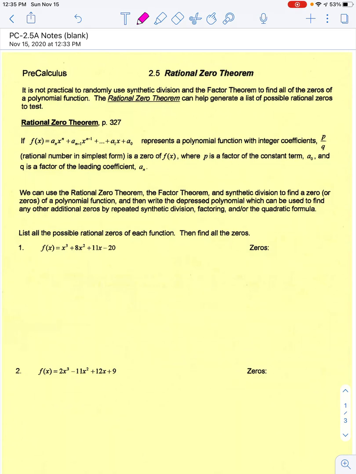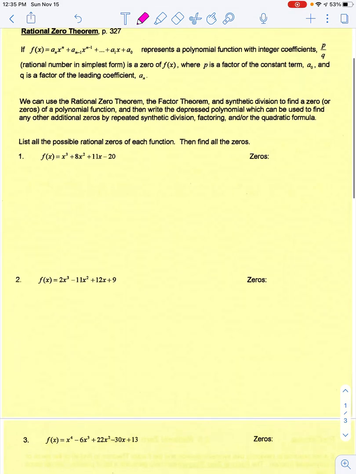So I'm going to jump right down to number 2 here. And the first thing you have to understand is that P and Q are factors of the constant term and the leading coefficient. And the reason they're important is because the ratio of P over Q gives you a list of what are called possible rational zeros.